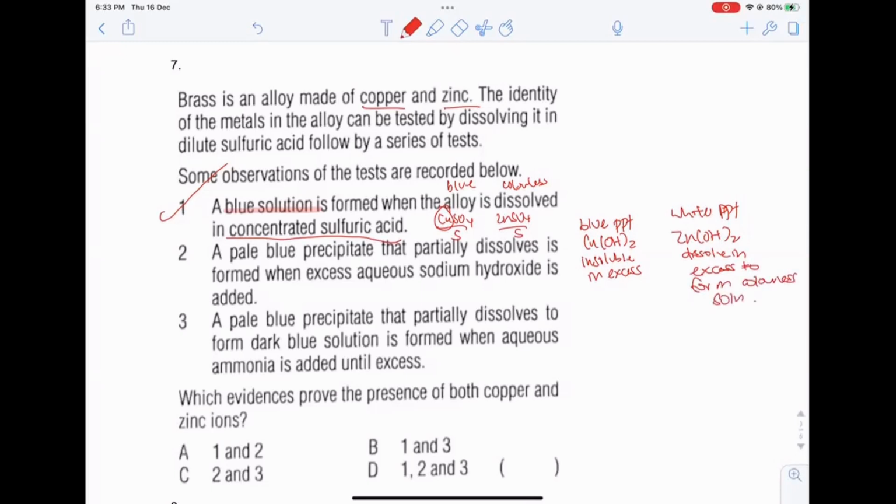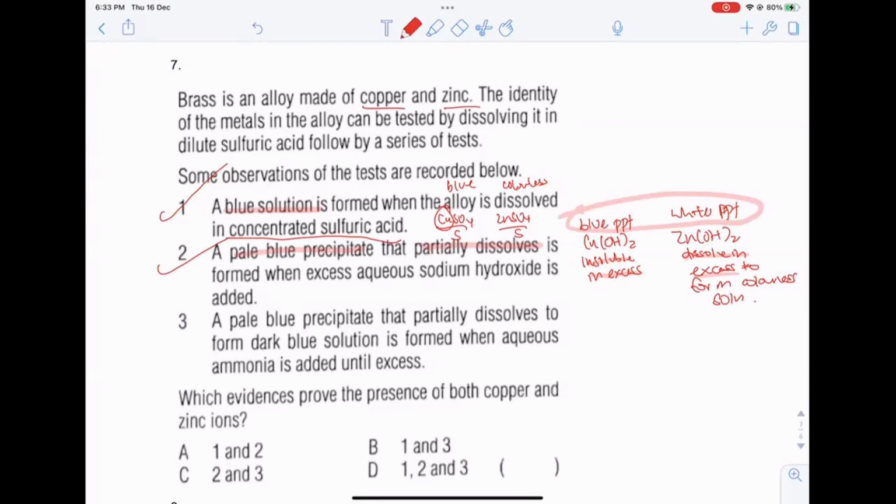Okay, so you will have a pale blue precipitate initially, blue and white, so together pale blue. Okay, makes sense. That partially dissolves when it's in excess. So when at excess, the copper part remains insoluble, but the zinc part will dissolve in excess. That's why they say partially dissolve. So yes, it's correct. Okay, so number 2 is correct.